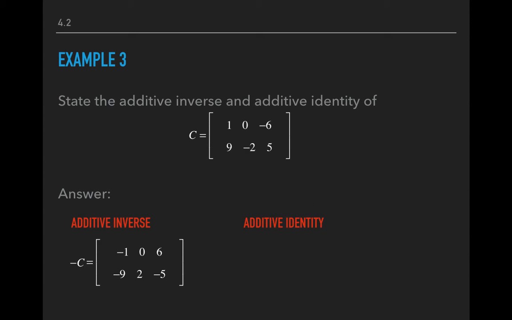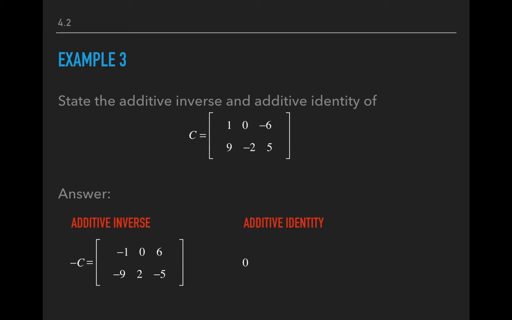Now, the additive identity, remember the identity matrix is your zero matrix. It's the result of adding C and the opposite of C. If you were to add 1 plus -1, that gives you 0. 0 plus 0 gives you 0. -6 plus 6 gives you 0.